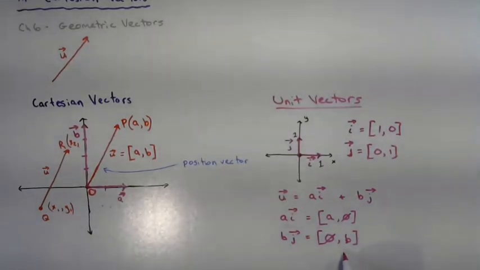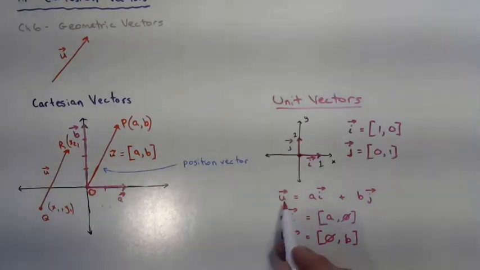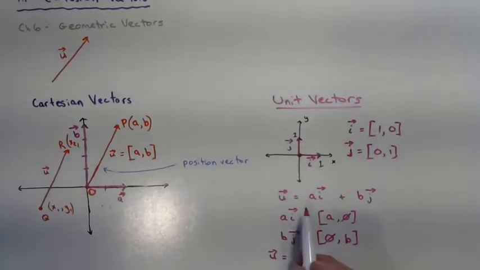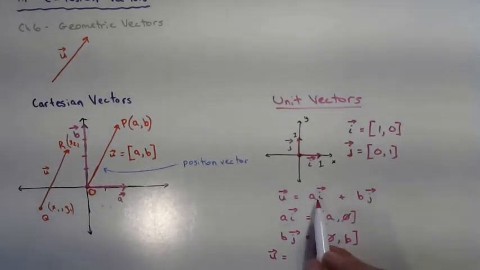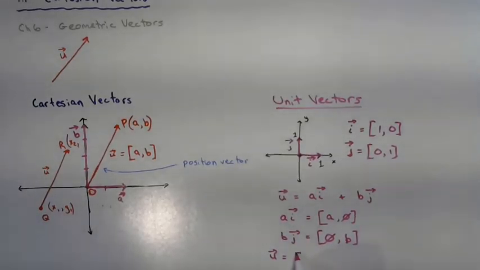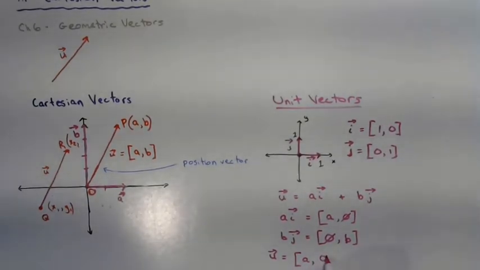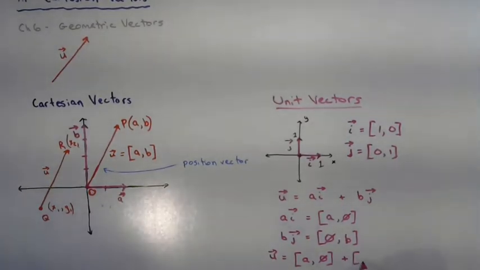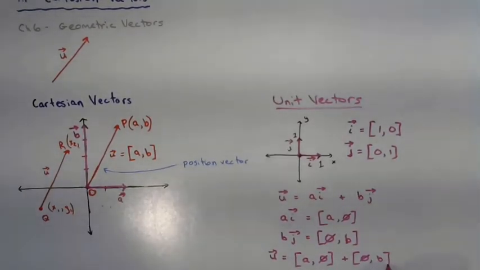Now these things become pretty important as we work together in proofs, okay? So what else can we say then about the vector U? Well, we can express it in another way. If U is AI plus BJ, then U is the vector [A, 0] plus the vector [0, B].